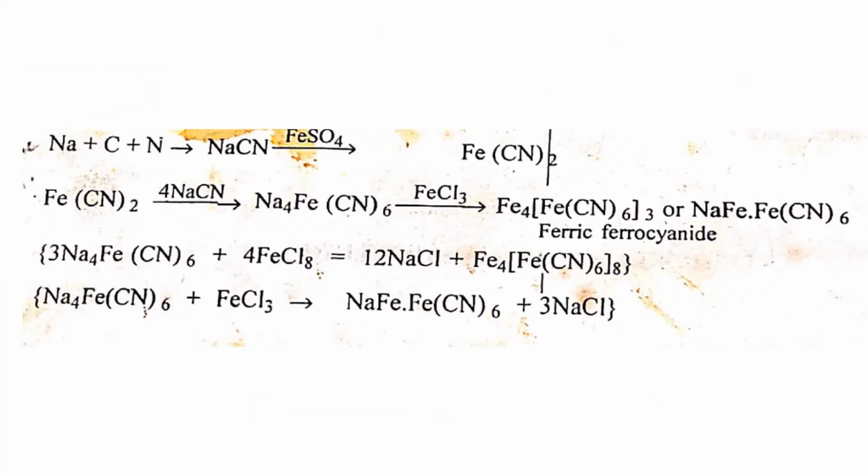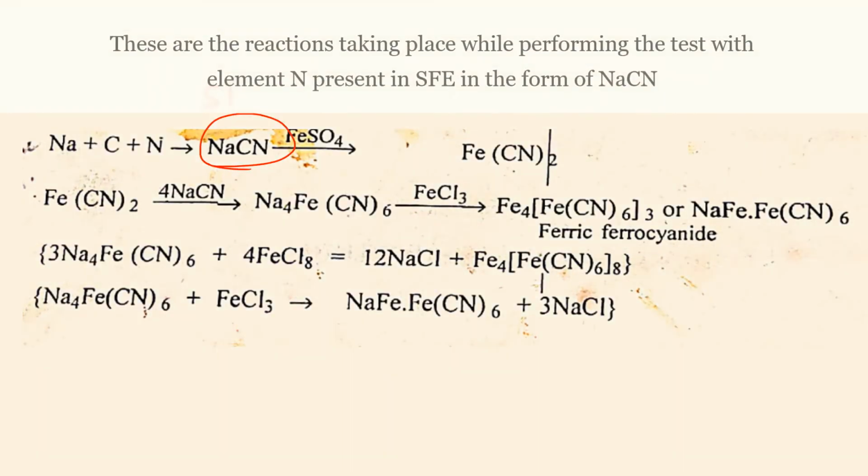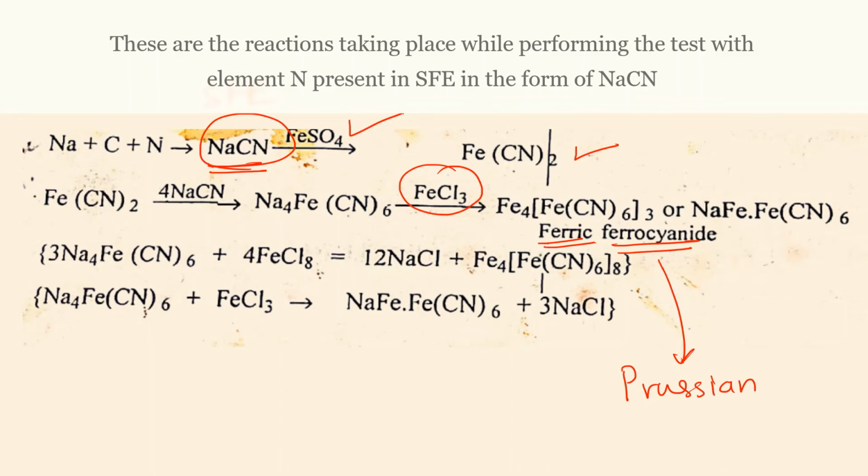These are some of the tests. Yes, we know NaCN is formed in the sodium fusion extract. So if my sodium fusion extract has NaCN, then only it will react with FeSO4 to give this compound. Further, when I add FeCl3, the product which is formed is ferric ferrocyanide, and it is this ferric ferrocyanide which has Prussian blue color.